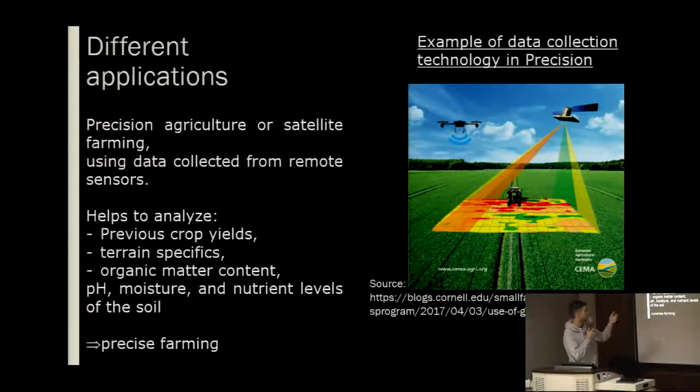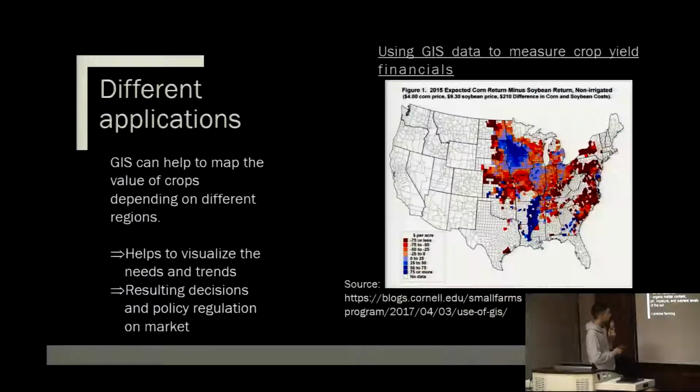So as I said, it helps to analyze previous crop yields, the terrain specifics, organic matter content, pH, moisture, and nutrient level in the soil, depending on the capability of the satellite or the drone.